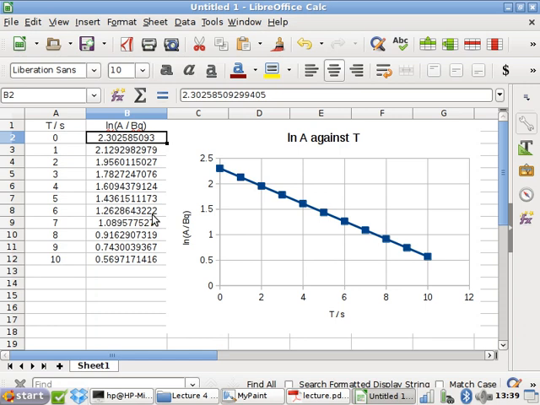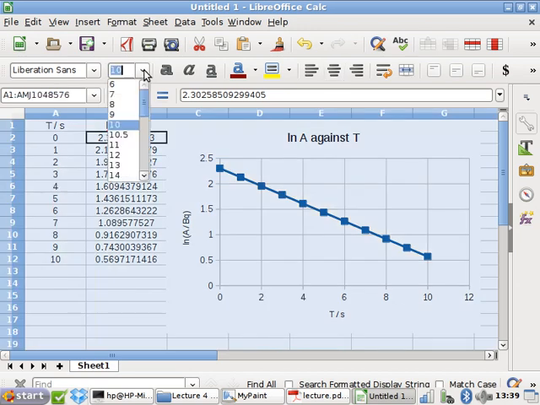Two decimal places as well. Do you need me to make the font larger?